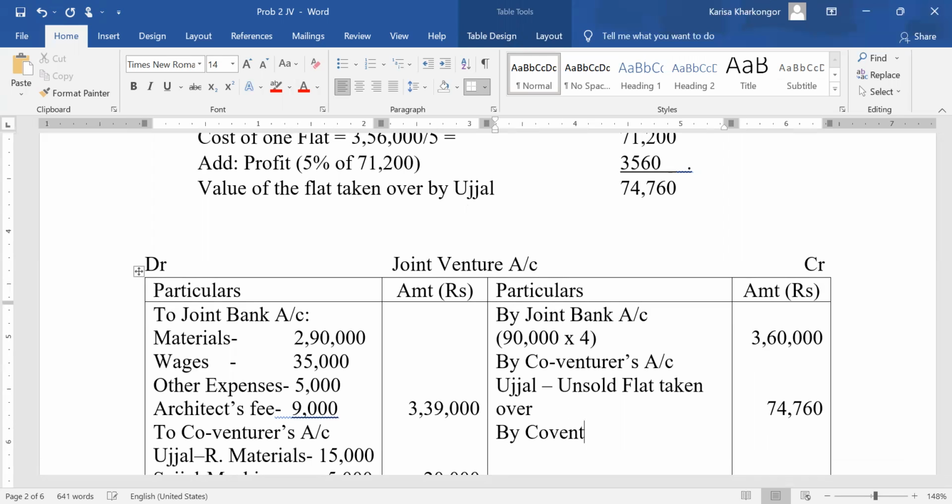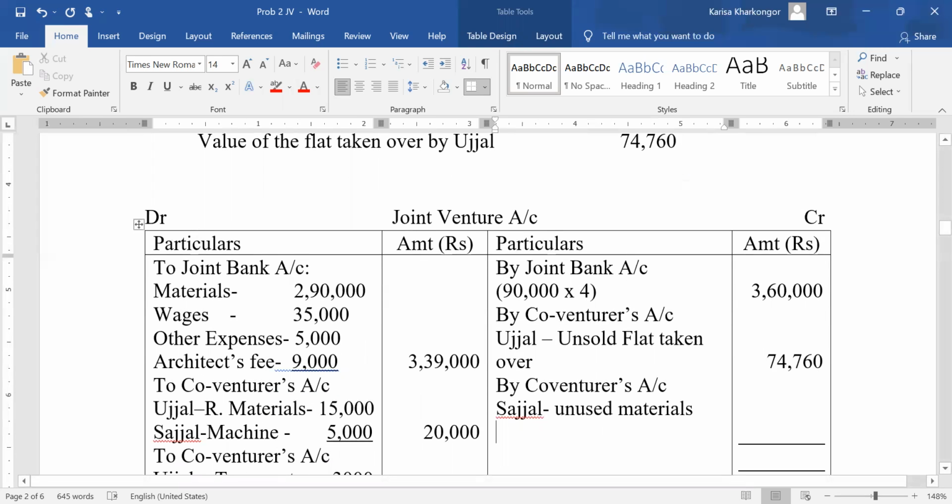By Venturers account, Sajal, unused materials 5,000 and machine.